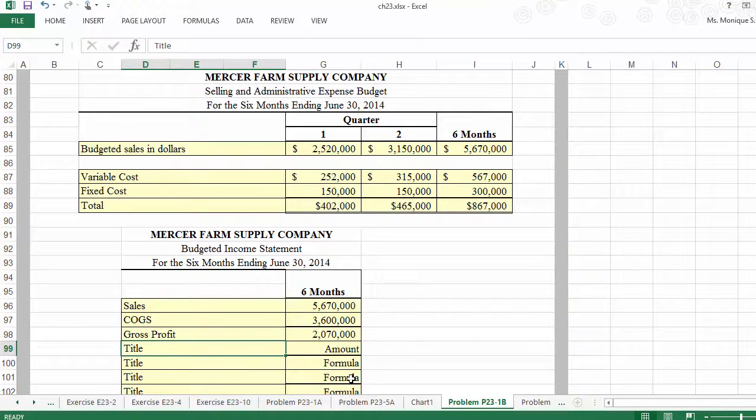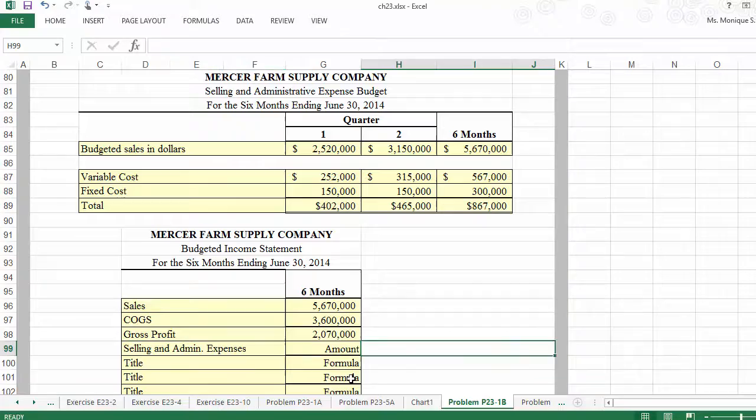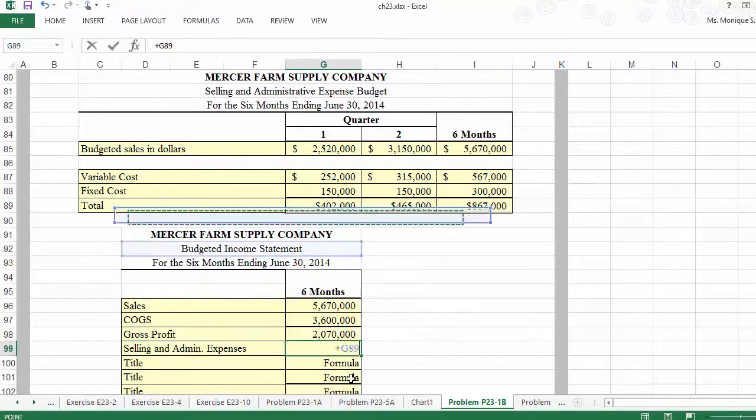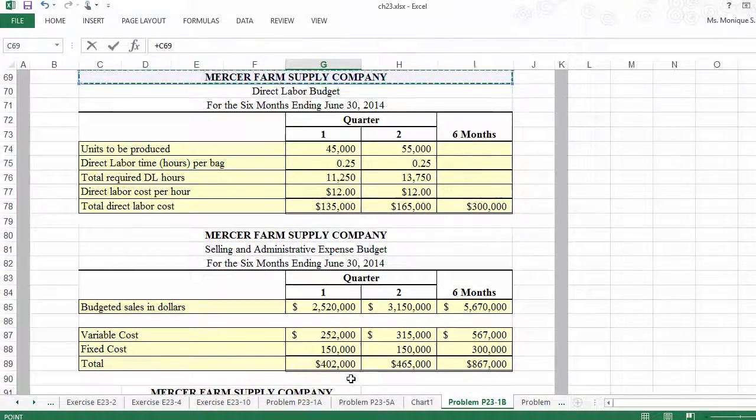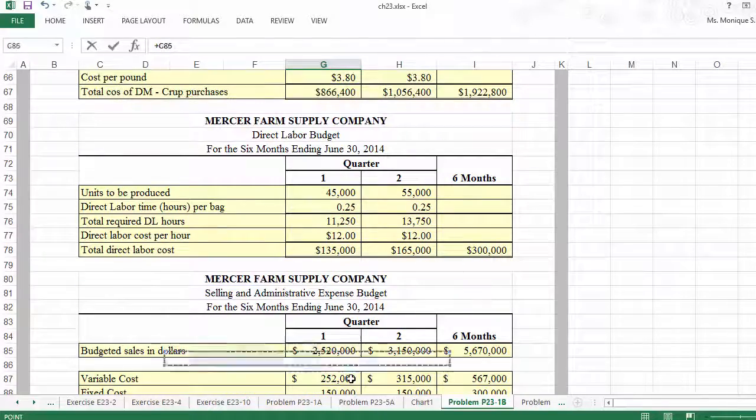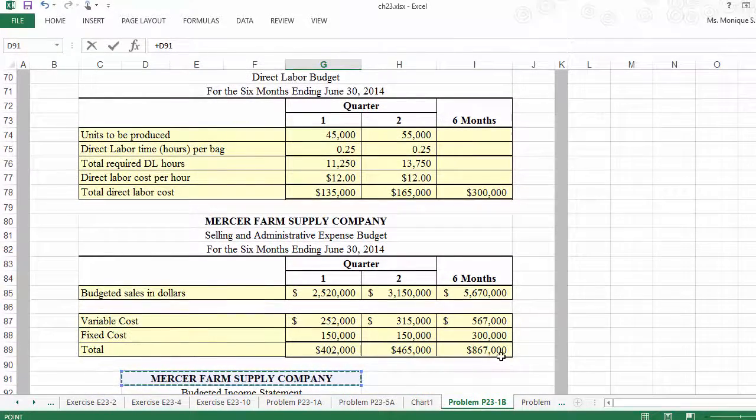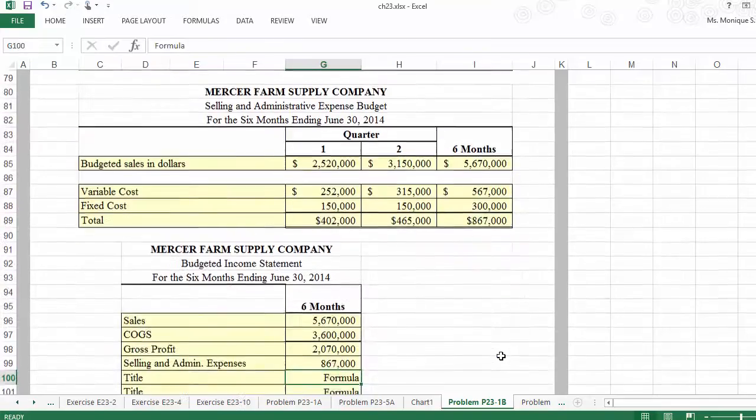Then we will subtract out our selling and admin costs, expenses for the period, and these are period costs. So we'll just go to the budget. Where's the budget at? Our selling admin budget. Oh, right there. $867,000.